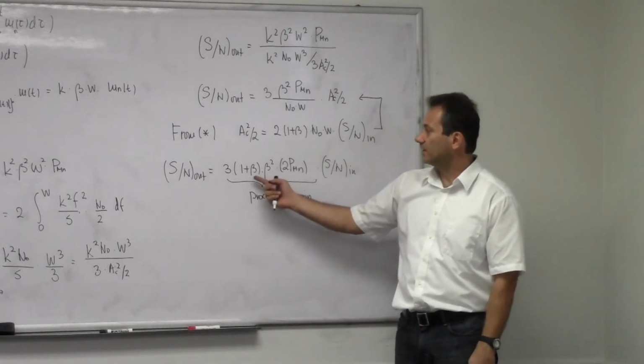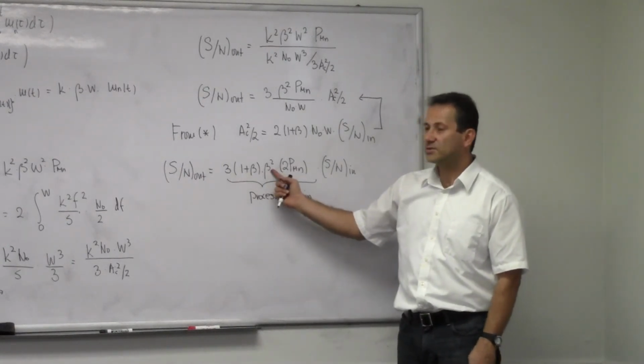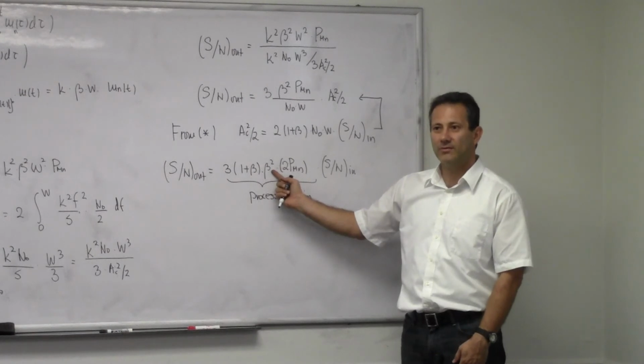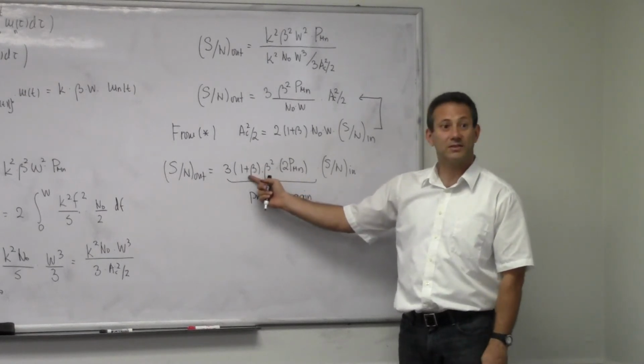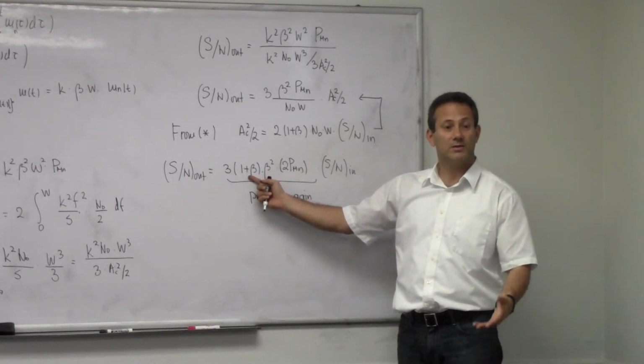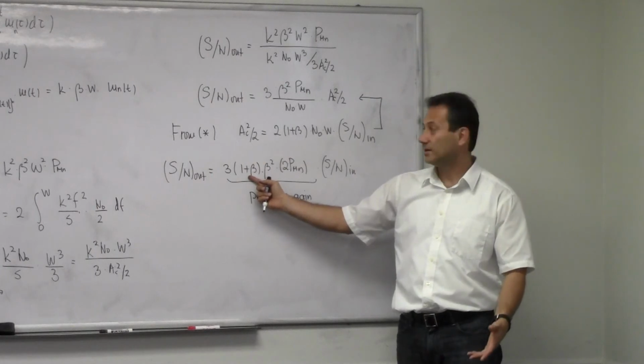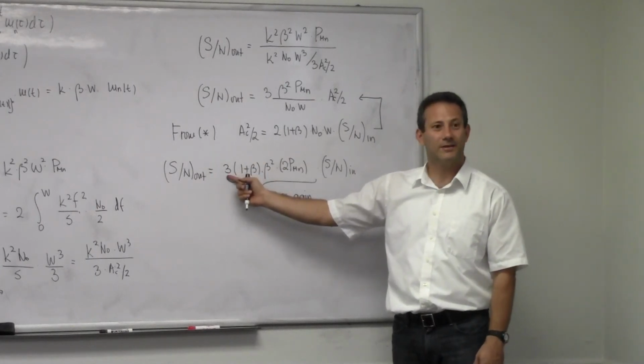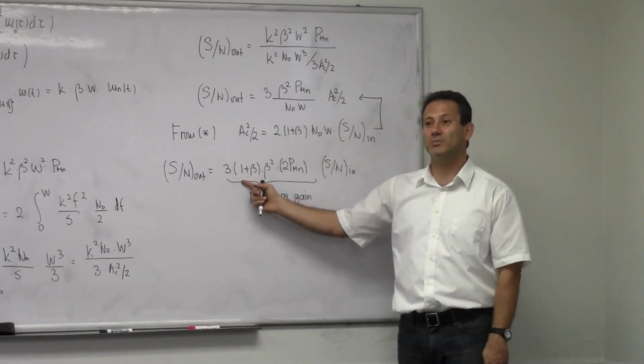So put 5 in here. 5 squared, 25. Times 6. 6 times 20, 120. 6 times 5, 30. So 150. Times 3. 450. So how large is the improvement in signal to noise ratio? 450.